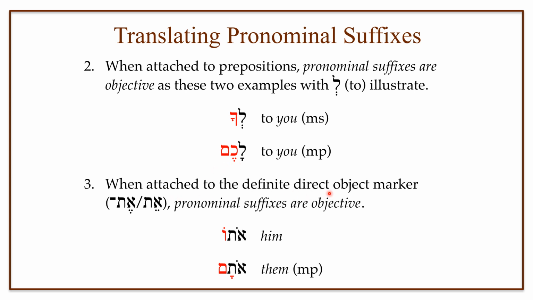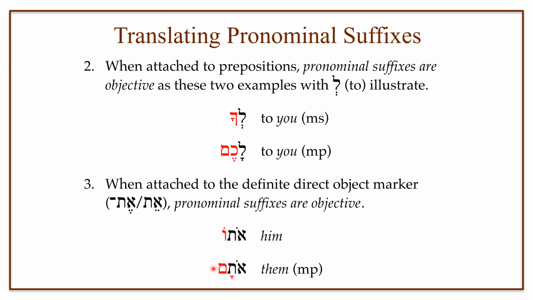Also, when attached to the definite direct object marker, the pronominal suffixes are objective. Remember eth or eth are the definite direct object marker, and so you will see it like this. You'll just see the ending attached right onto that definite direct object marker.